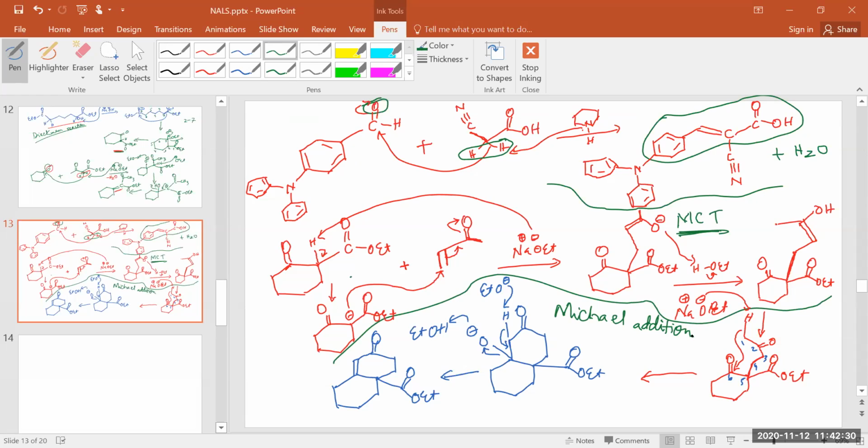And from the Michael addition followed by intramolecular cyclization, what is this one? Intramolecular aldol reaction from here, and then removal of water, so aldol condensation. So Michael addition followed by intramolecular aldol condensation, both together is called Robinson annulation.